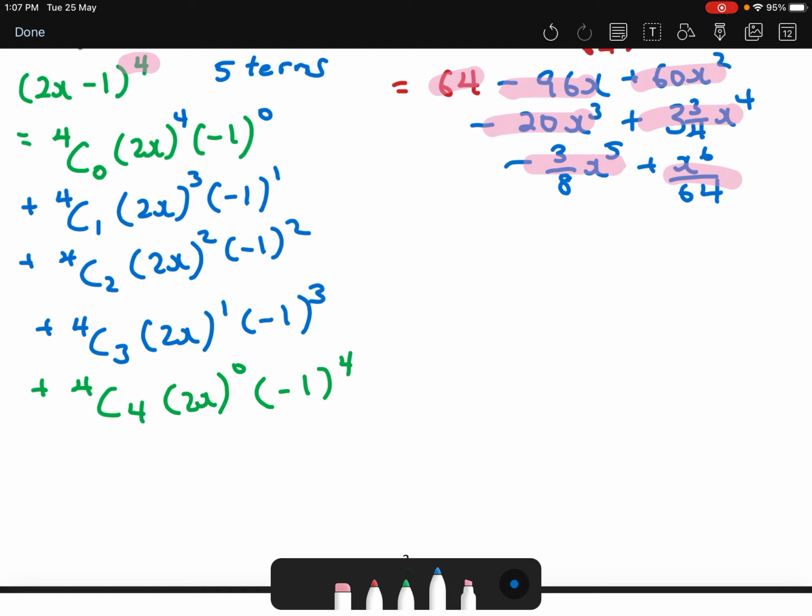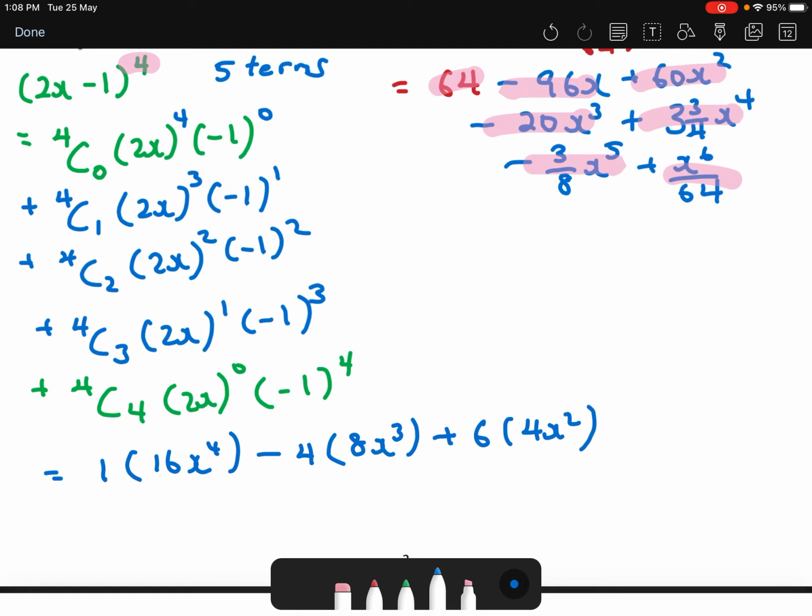Let's simplify everything. The first term, 4 choose 0, always is 1, then 16x to the power of 4. Minus, 4 choose 1, 4, multiplied by 8x cubed. Third term, 4 choose 2, 6 times 4x squared.